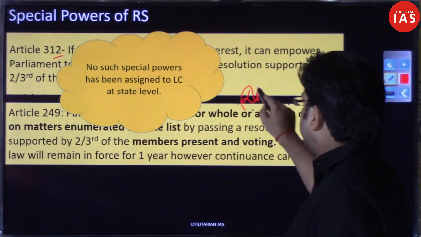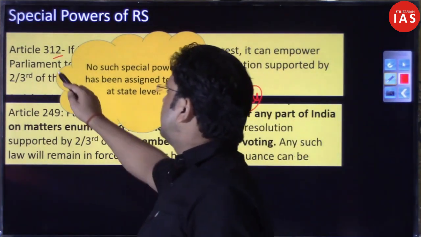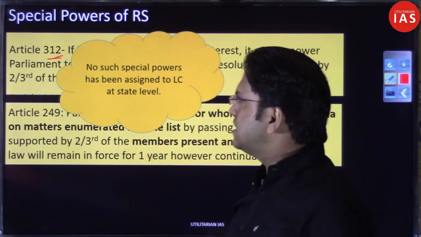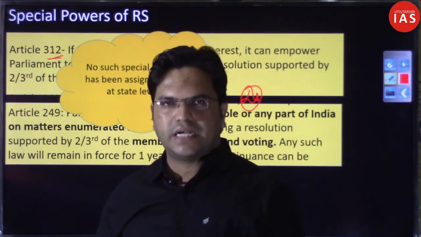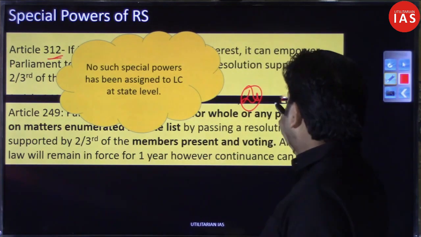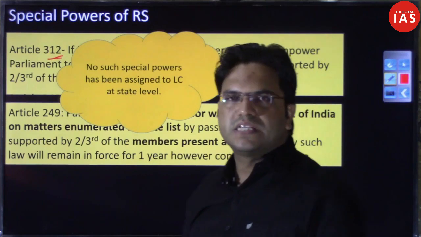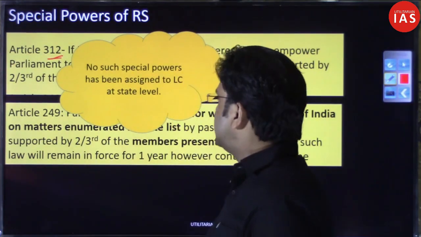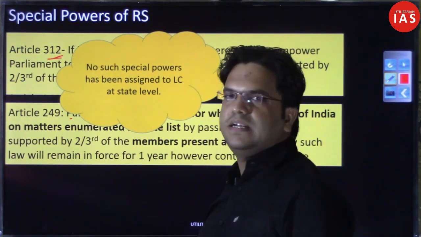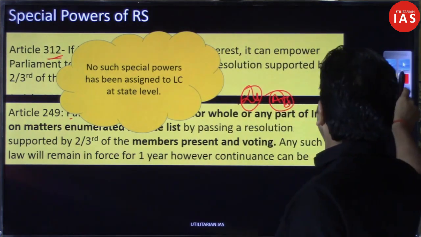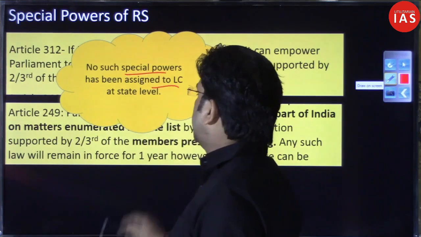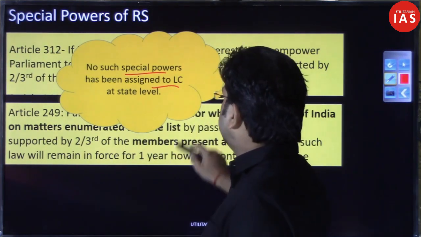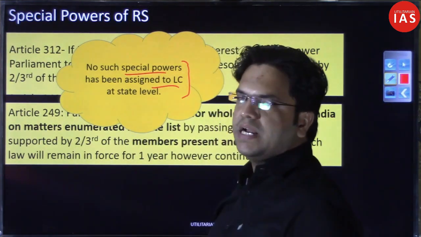There are some additional very powerful powers given to the Rajya Sabha under Article 312, wherein Rajya Sabha alone can initiate the resolution for the creation of new All India Services, and when matters on state subjects are to be legislated, it is the Rajya Sabha that has that power, but no such parallel power has been given to the legislative council. So from this point as well, you can gauge how ineffective the legislative council is at the state level.